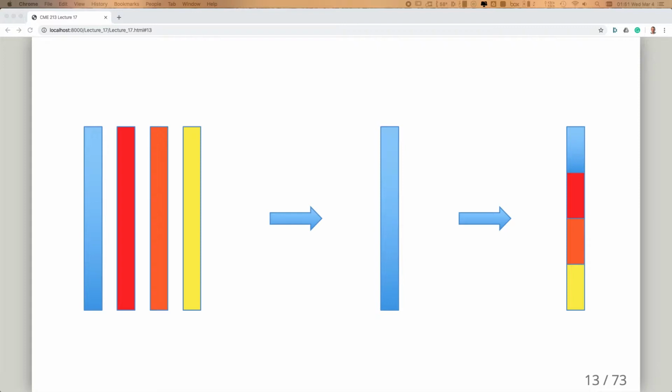This is an extra step so that each process has a little chunk of the output vector x. Again, it's a reduction with collective communication across all processes to get the final result, and then a scatter so that everybody has just one piece of the data.